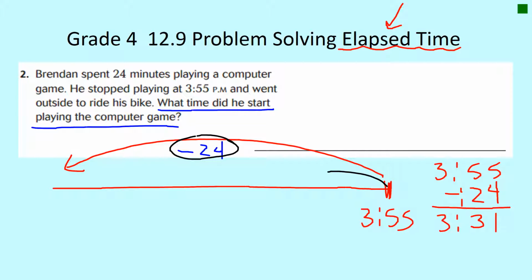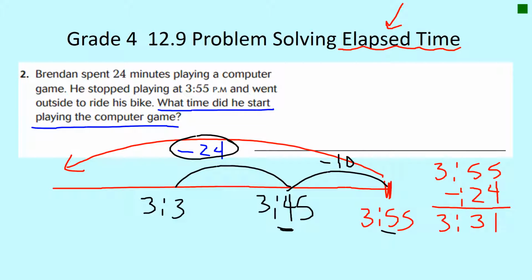If I go back 10 minutes from 3:55, take a set of 10 away, I get 3:45. So there's 10 of those minutes gone by. Let's do another 10. Goodbye, another 10. 3:45 minus 10 minutes is 3:35.